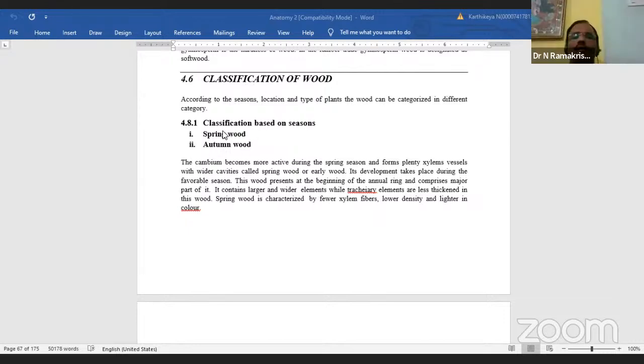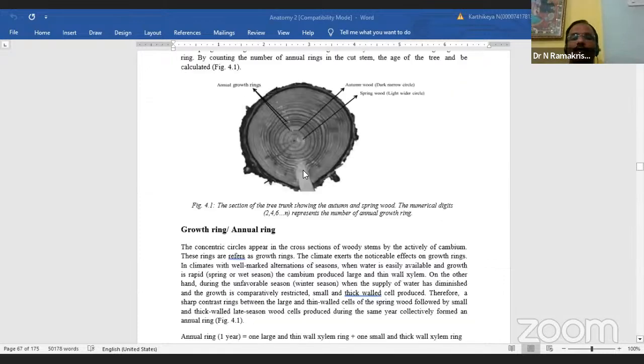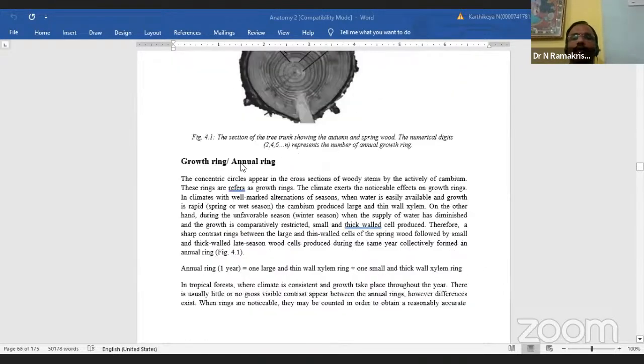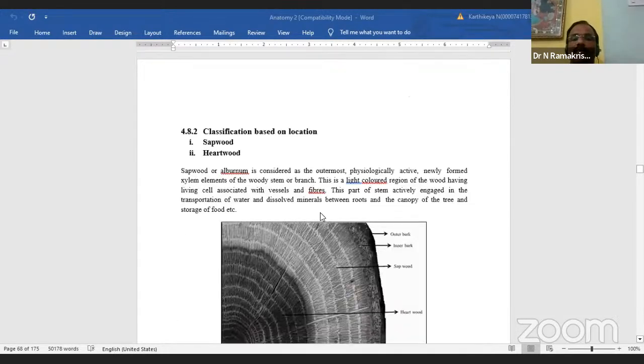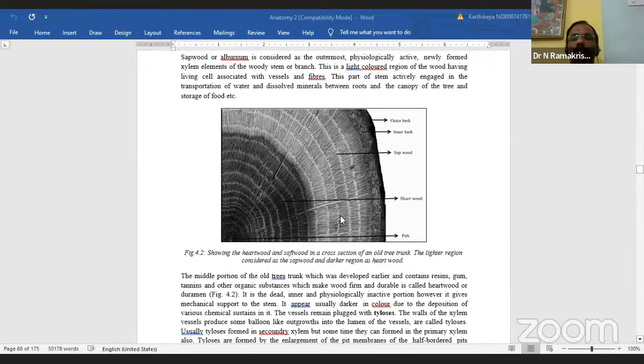See now here, this is the classification based on the seasons. Here are the annual rings. This growth of annual rings means abnormal development, anomalous secondary development. These rings are vascular bundles.